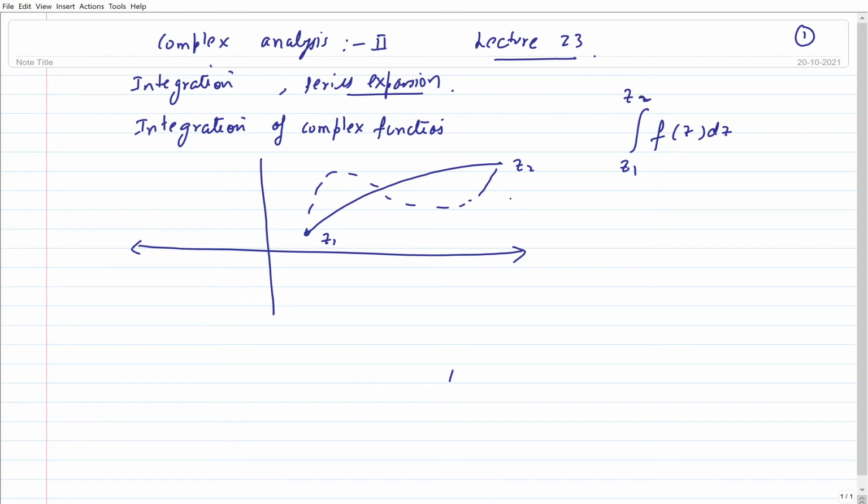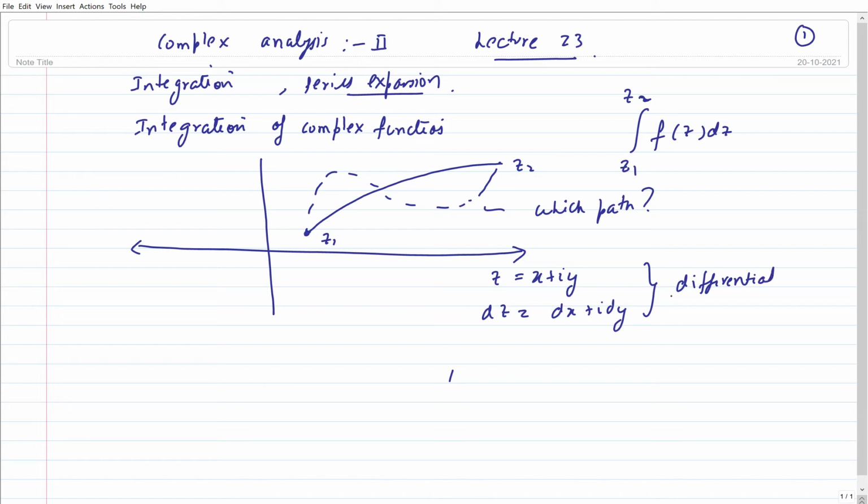So the question now is which path? Of course, as usual, I'll represent z as x plus i y, and dz becomes dx plus i dy. So that's the differential element I use in integration.